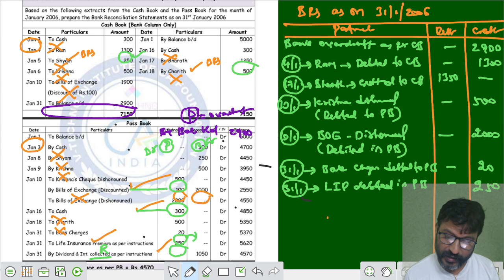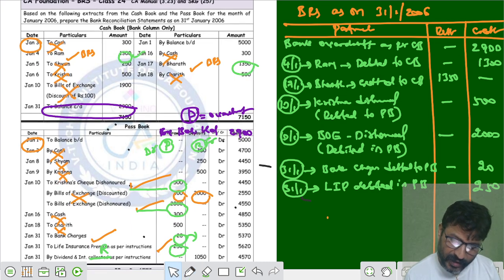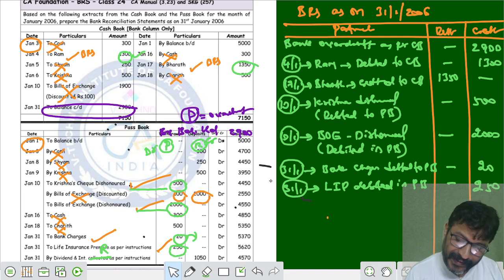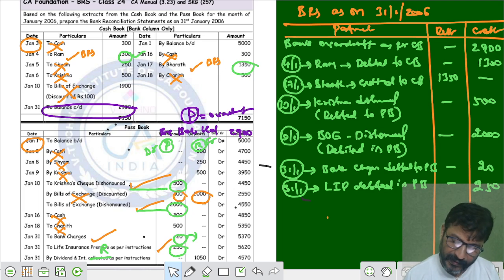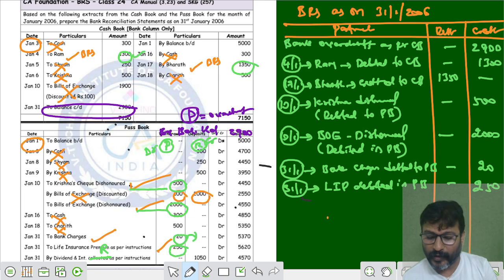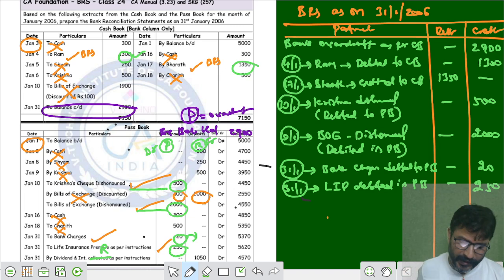As per the instruction, dividend and interest are taken on the credit side of the passbook, so we have to record it on the debit side. What is the date? It is also on 31st January.